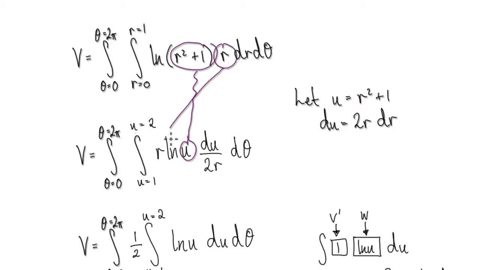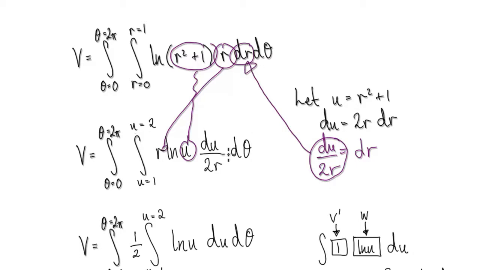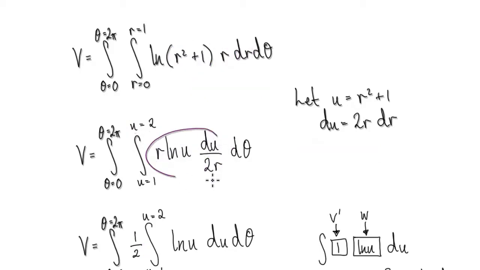This r here is this thing here, and this dr here rearranges to make dr the subject, so du over 2r equals dr. Now we can put this into here, and then the two r's cancel each other out, leaving you with this half here. You can take the half out, so this whole ugly thing here will then become this thing here.